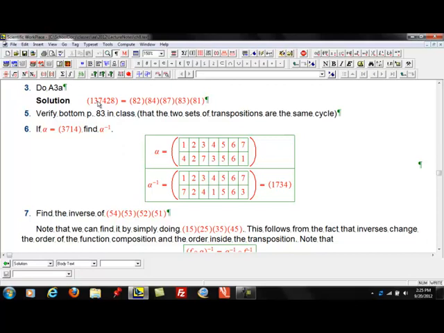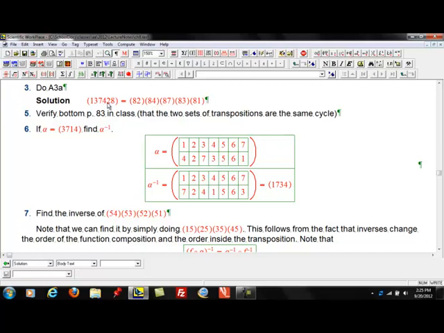That makes sense? Now let's see where 3 goes. So we come over here, we find 3. 3 goes to what? 8. Then 8 goes to where? 7. No 7's here. Notice 3 goes to 7. So look and see where 7 goes. Find 7, it's right here. 7 goes to 8. 8 goes to 4.